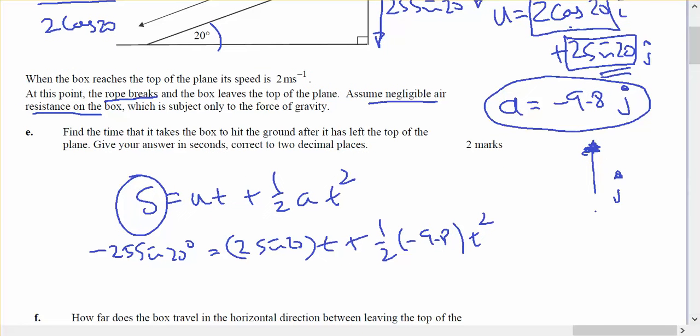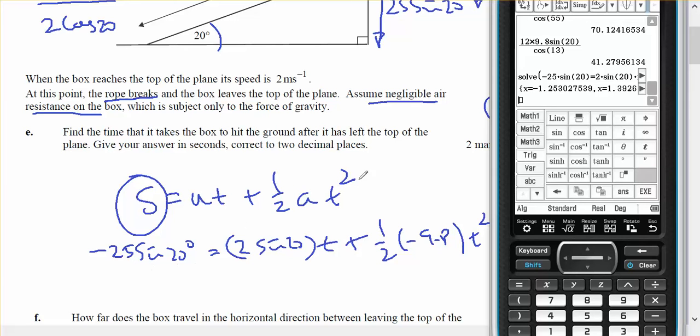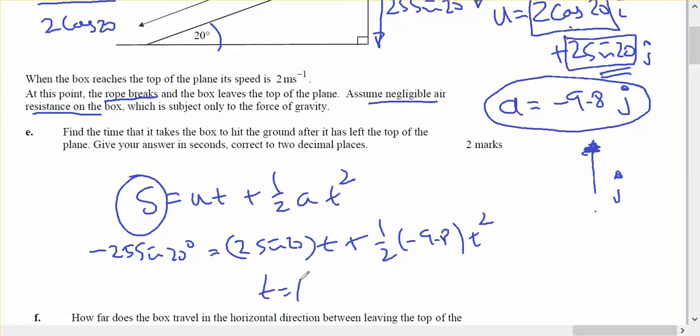So on a calculator, I've got minus 25 sine of 20, that's the distance, equals 2 sine of 20 times t, and that gives me a negative time, or 1.3926. And I've got to do that to 2 decimal places, so t equals 1.39 seconds.